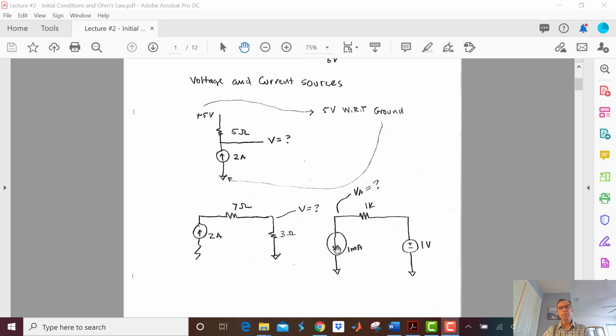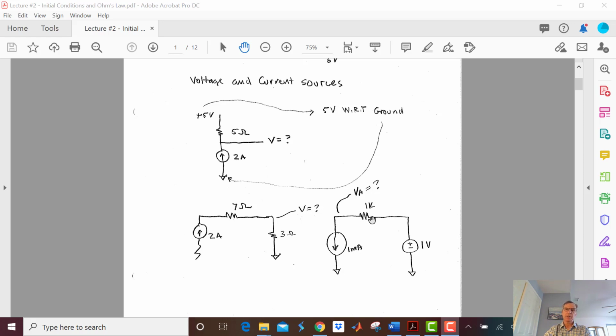So let's see, we've got 1 milliamp here. Looks like this time I grounded the current source. If I wanted, I could have made the current source go to 1,000,000 bazillion volts, but I didn't. I just made it go to ground. And so let's look at this. We have 1 milliamp.